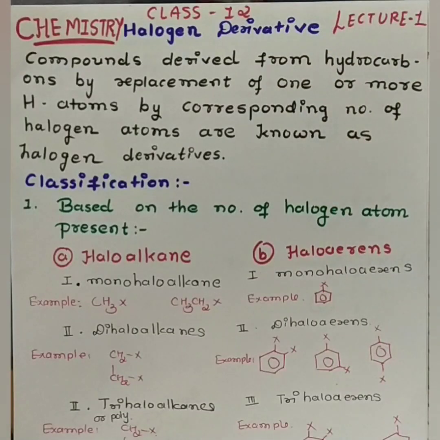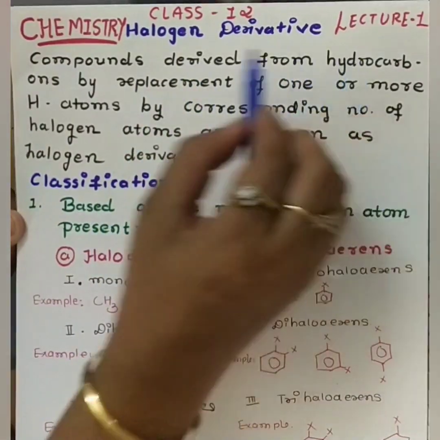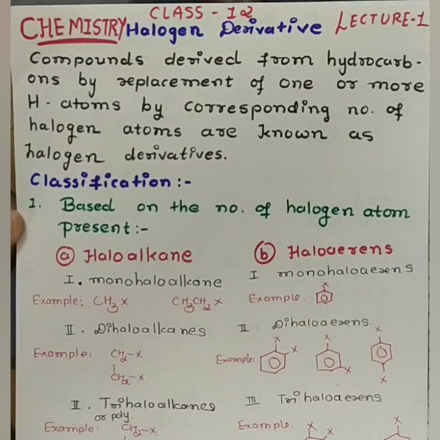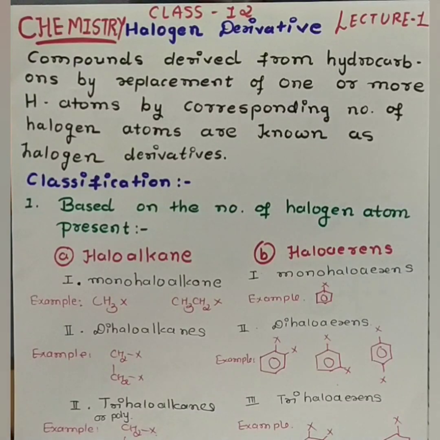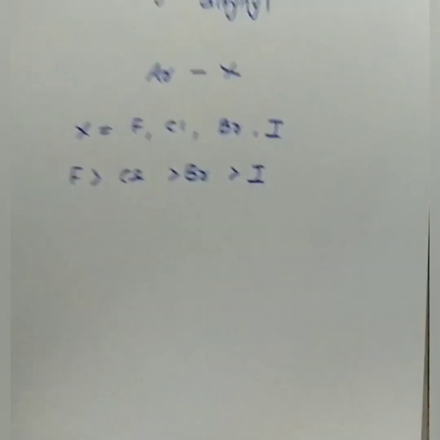Okay, now the definition. Compounds derived from hydrocarbons. What is meant by hydrocarbons? The compounds which are made up of only carbon and hydrogen. When one or more hydrogen atoms are replaced by a corresponding number of halogen atoms, they are known as derivatives of halogen.